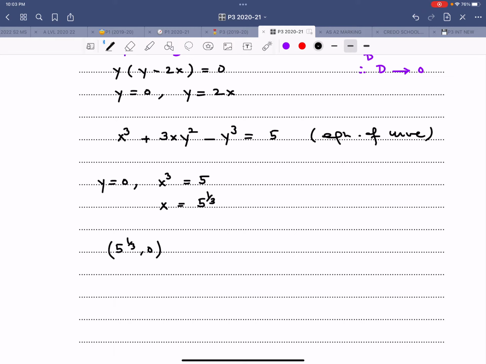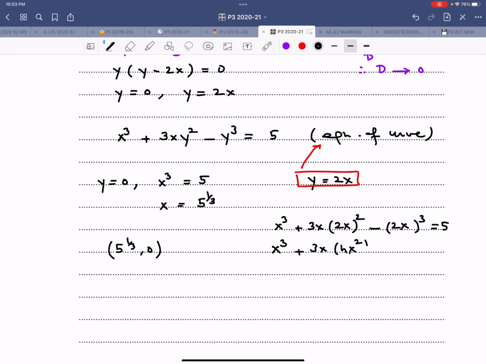Second option, y is equals to 2x. Solve it simultaneously with the equation of the curve. x cube plus 3x times 2x whole square minus 2x whole cube equals to 5. x cube plus 3x times 4x square minus 8x cube is equals to 5.